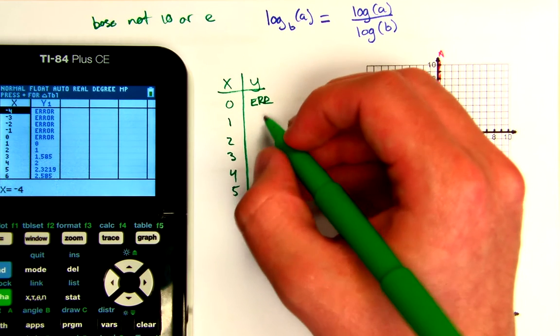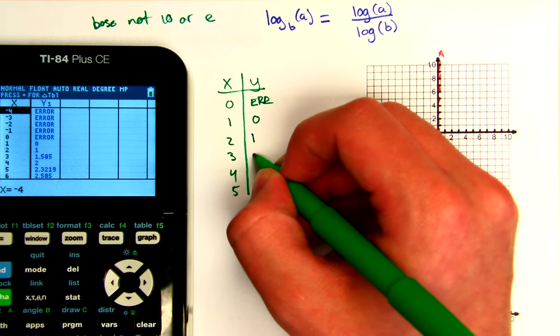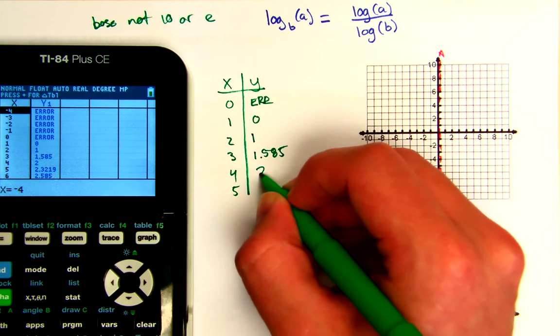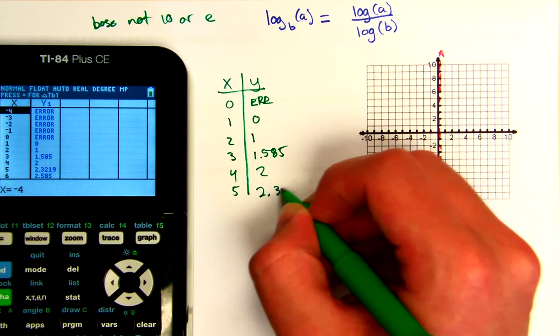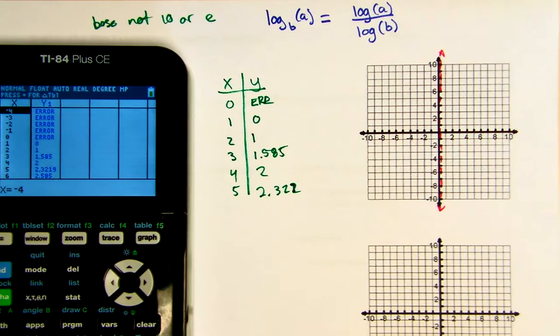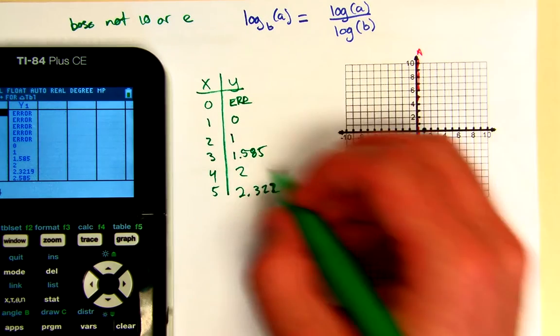So 1, 0, 2, 1. 3, 1.585, 4, 2, 5, 2.32, 2 for rounding.